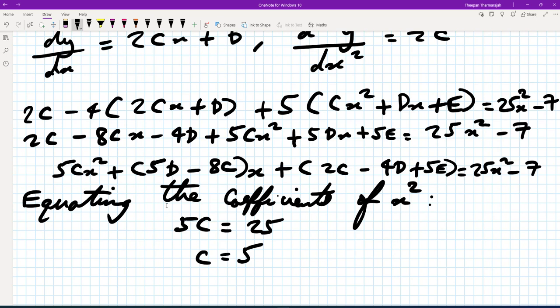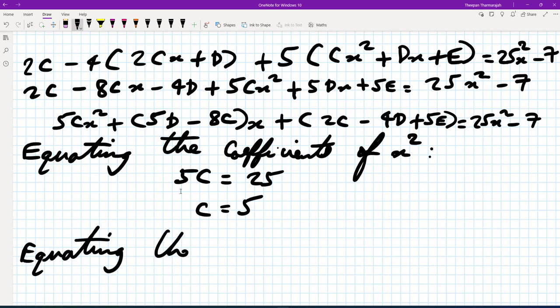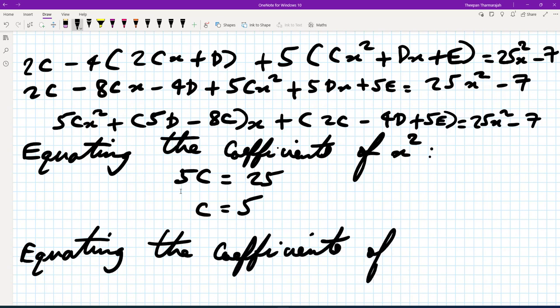And now we're going to equate the coefficients of x. So that's going to be 5d minus 8c, but remember in this particular example there is no coefficient of x on the right hand side, so that's going to be equal to 0.